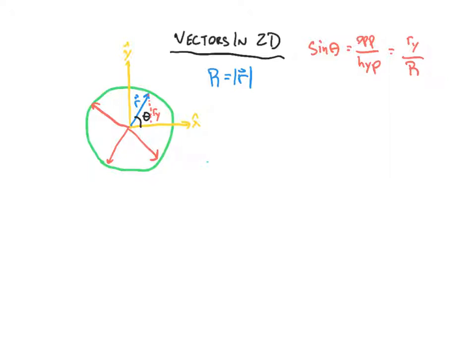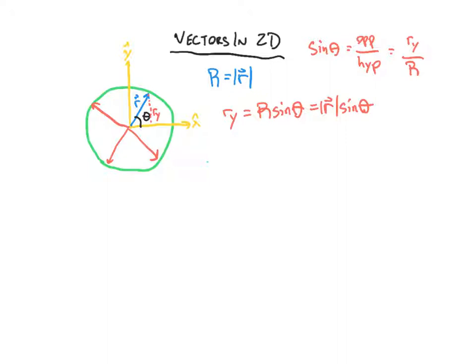So in other words, the y component of r is just going to be the radius times sine theta. Now this is true even if we're not thinking about it as a circle, right? It's just the magnitude of r times sine theta. I'm just giving you another way to picture this in your head.